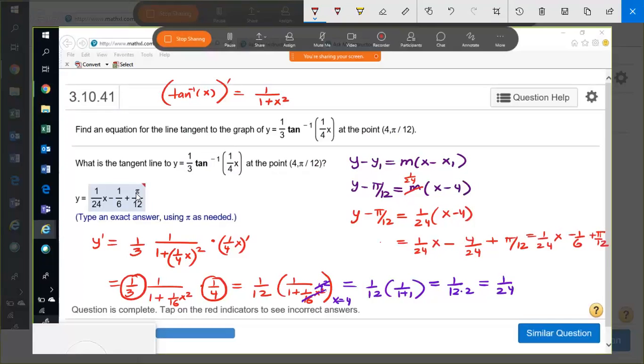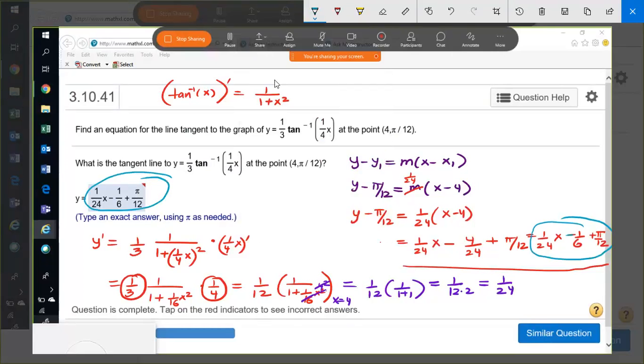So that's your equation of the tangent line, and it matches the answer right here, which is 1 over 24 x minus 1/6. This is negative 1/6, right? Plus pi over 12. So that's the first question.